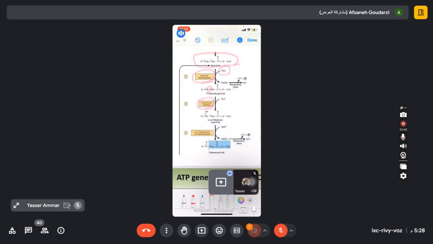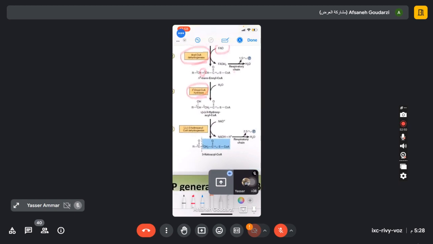Then the next enzyme, L3-hydroxyacyl-CoA dehydrogenase, produces 3-keto acyl-CoA. If I want to show you here, with enoyl-CoA hydratase, you saw we had a double bond between carbon 2 and 3, and then this dehydrogenase can oxidize this, reducing NAD to NADH.